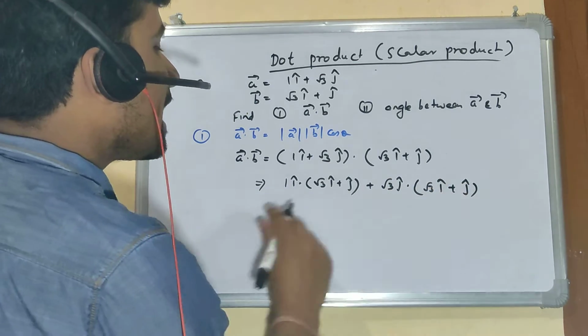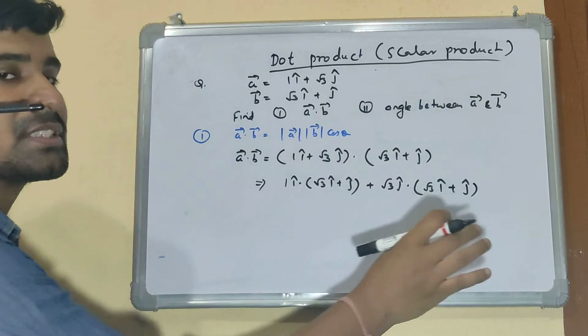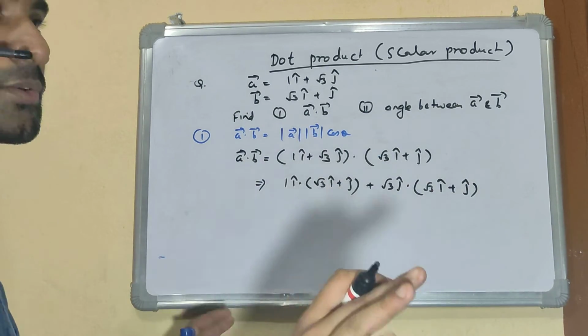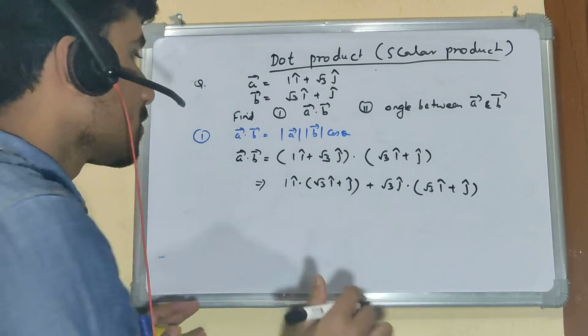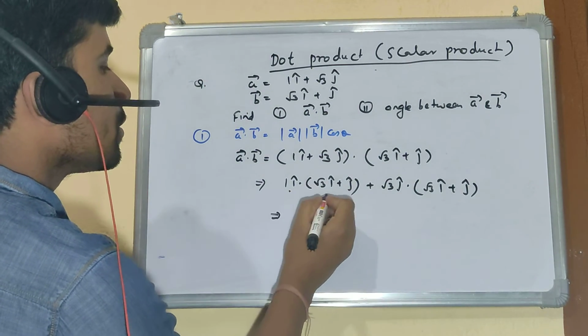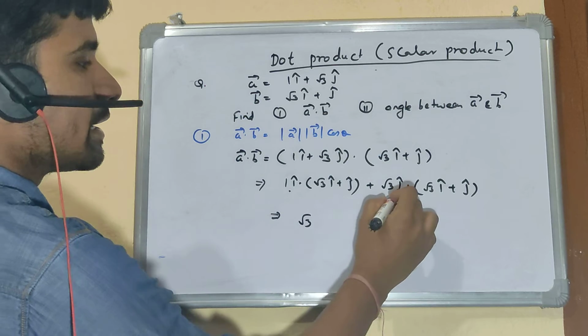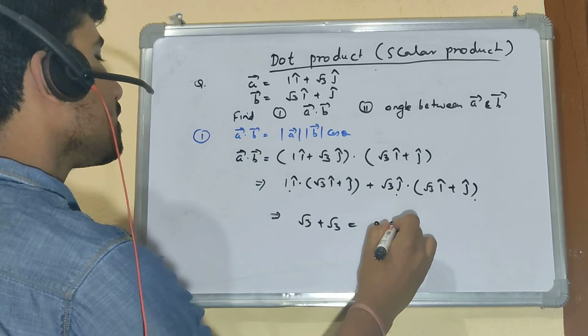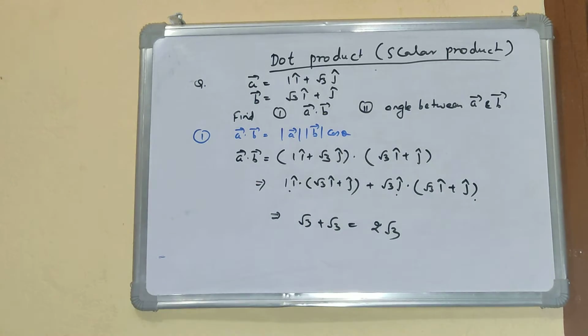Only i cap dot i cap and j cap dot j cap will survive. i cap dot j cap or j cap dot i cap will vanish, since the dot product of two orthogonal vectors is 0. So this will be 1 times root 3, and here root 3 times 1, so again root 3. This is 2 root 3. So A dot B is 2 root 3.